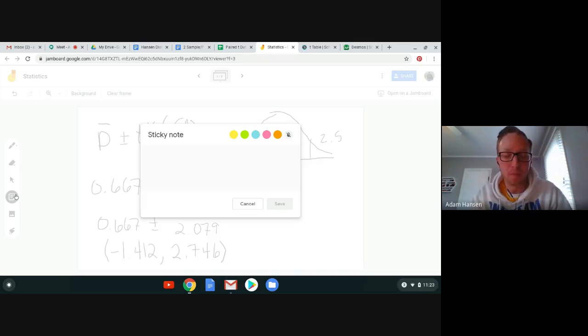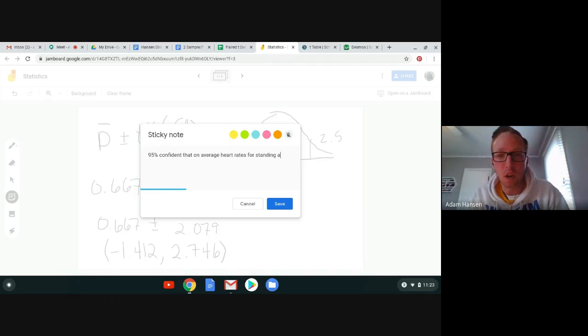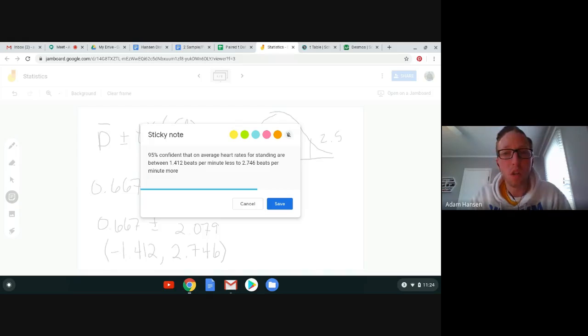As an interpretation, we are 95% confident that on average, heart rates for standing are between 1.412 beats per minute less to 2.746 beats per minute more than when sitting.